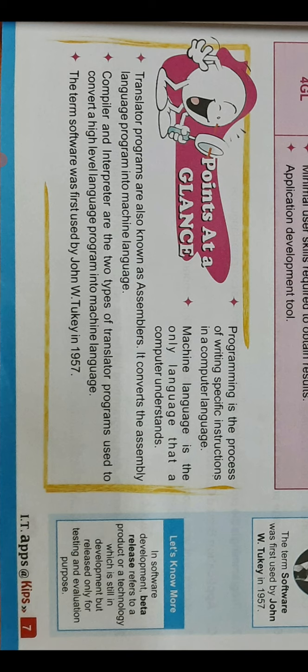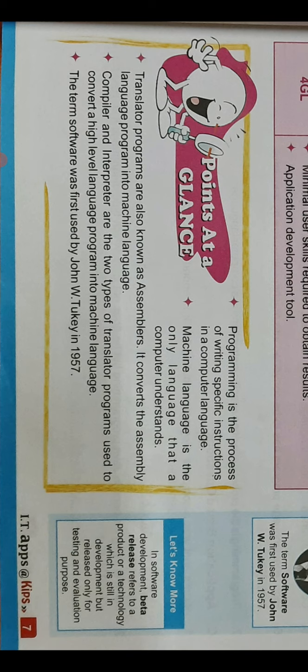In C and C++ we have compiler, in Java we have both interpreter and compiler, and in HTML we have interpreter. So these are the translator programs that help us convert a high level language program into machine language.